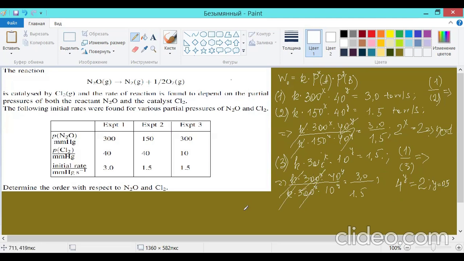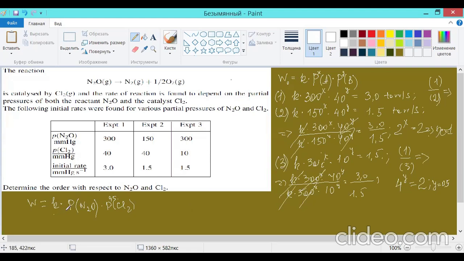And now we can write a complete kinetic equation for this reaction. Also, for the temperature at which this series of experiments was carried out, we can calculate k.